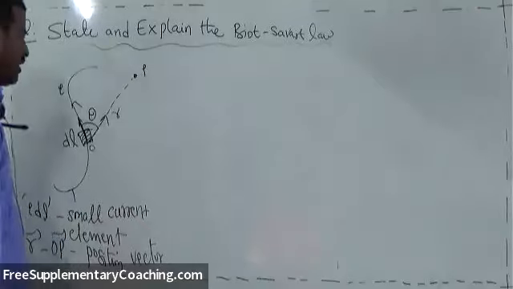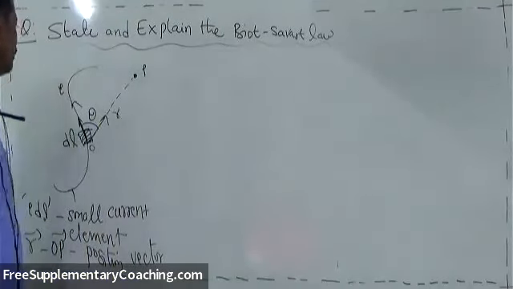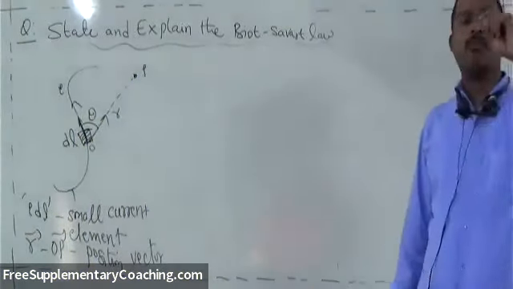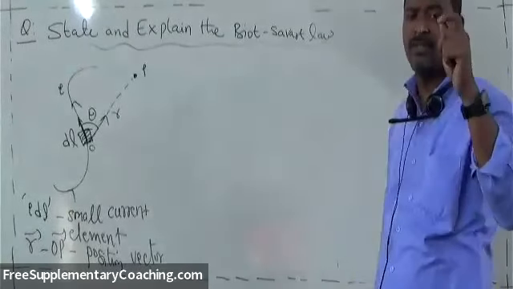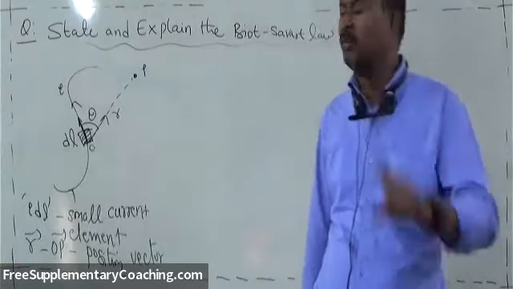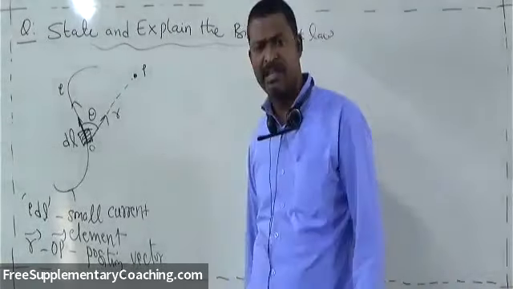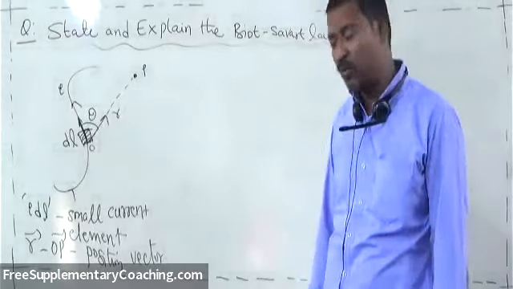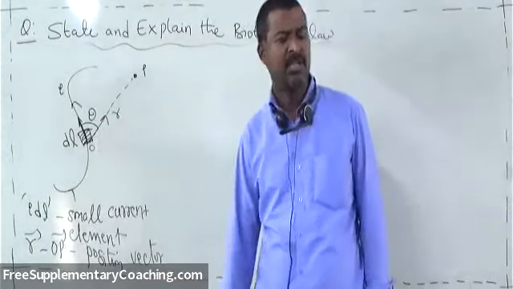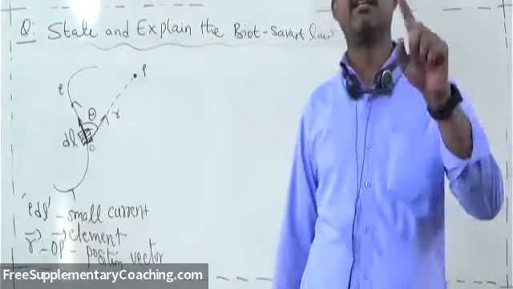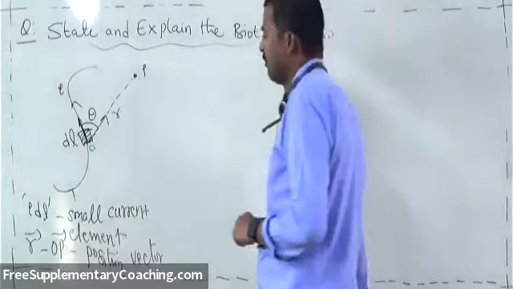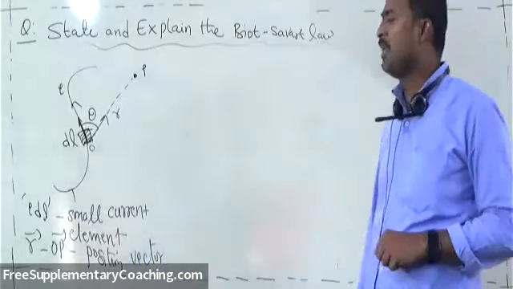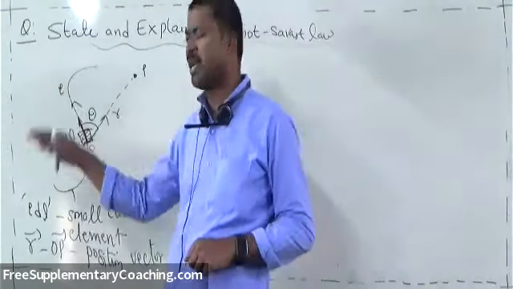So as per Biot and Savart law, the magnetic field due to any current carrying small element dl at a given point P at a distance of R is directly proportional to the current element and inversely proportional to the square of distance. And there is also an angle theta in between, so the proportionality includes sin theta.